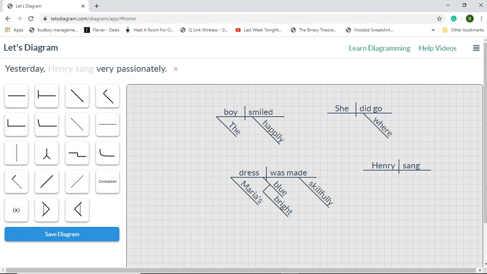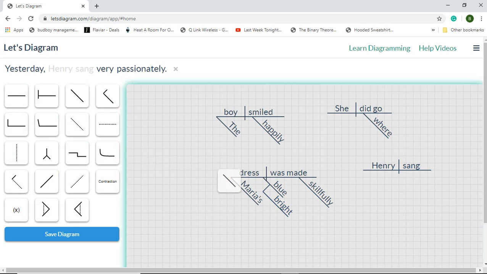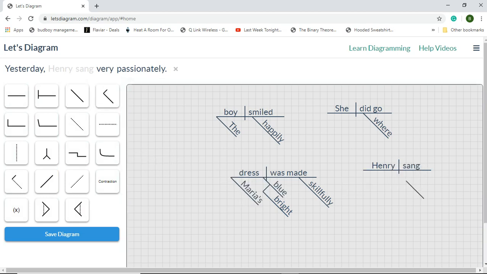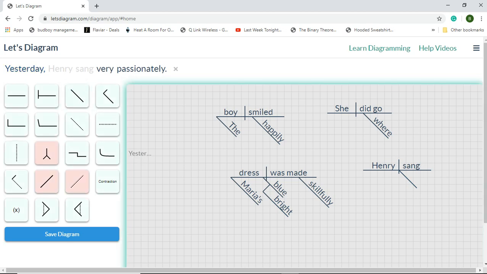Now, we got lots of adverbs here. So, let's make a line for our adverb. The first adverb is yesterday, and it answers the question when. When did Henry sing? He sang yesterday.